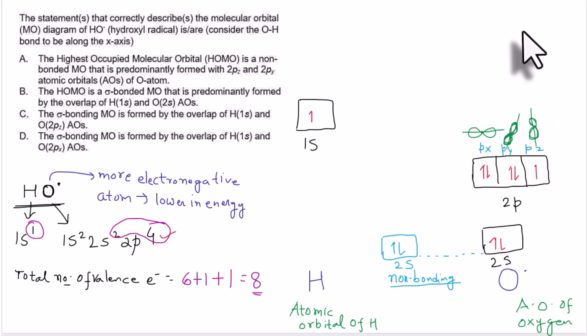So only 2px has the probability of interacting with the 1s orbital of the hydrogen because it can overlap well.